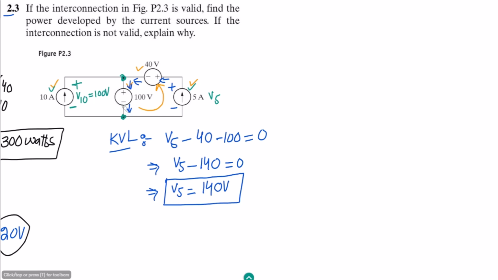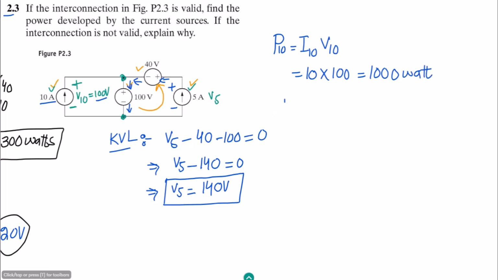Now in order to find the power developed by this 10 amp source, let me have P10, and this is I multiplied by V10. So I10 is known, that is 10 amperes. V10 is also known, and we have already found it out, that is 100, which gives 1000 watts.